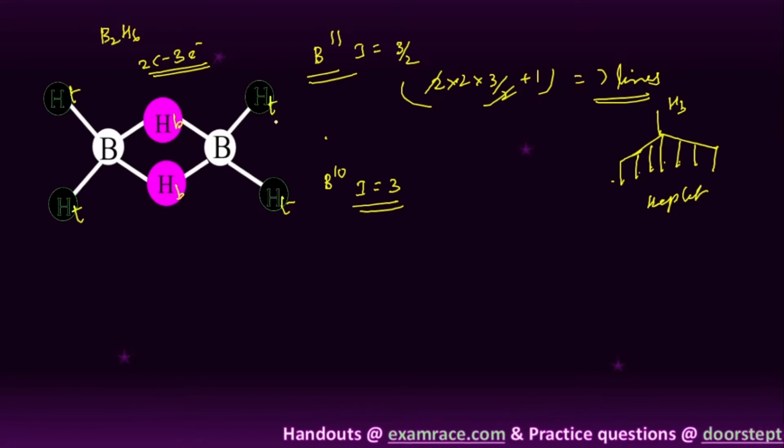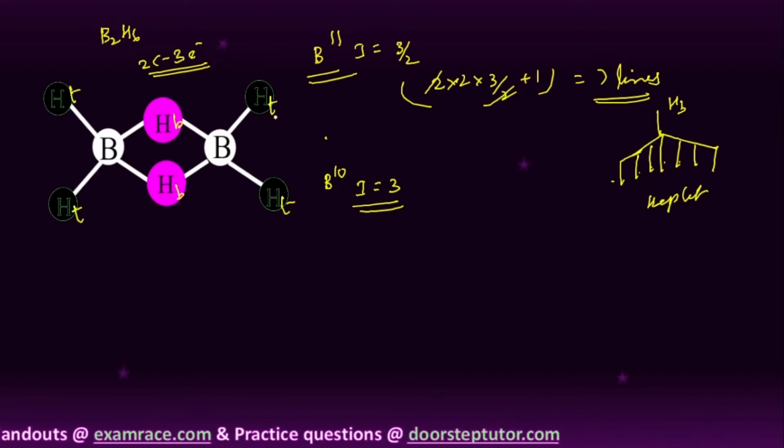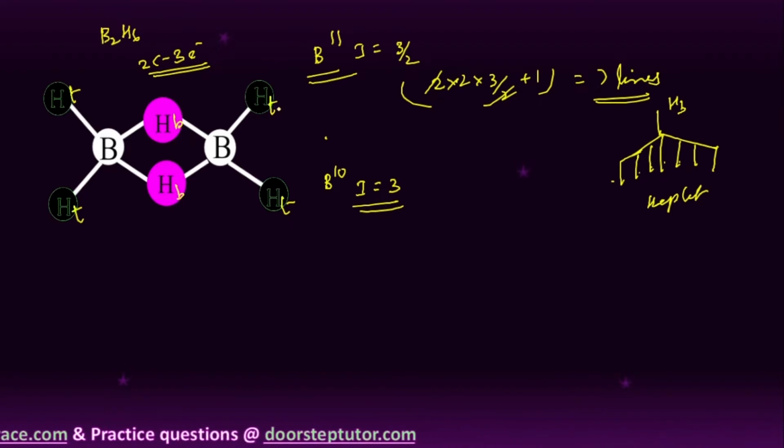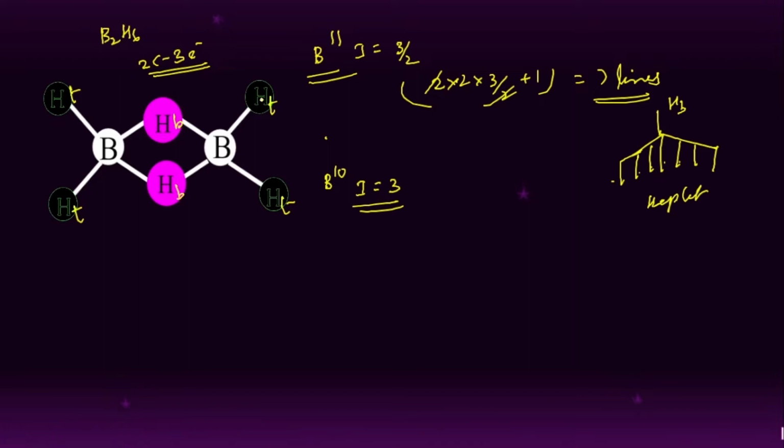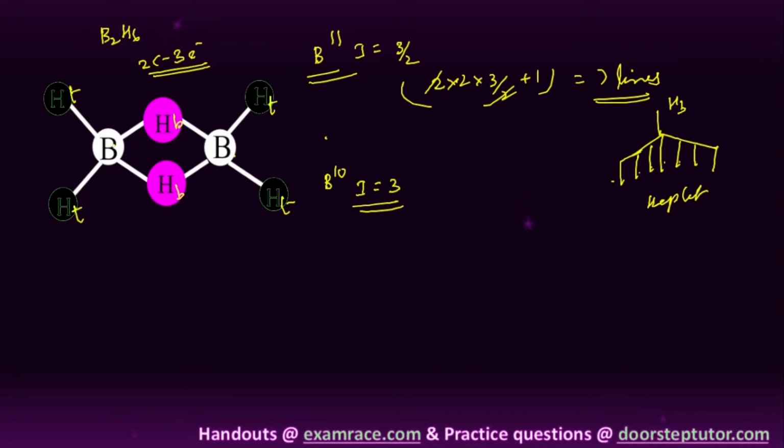Now the second one, the terminal protons. The terminal protons are coupled with only one boron atom, because these two terminal hydrogens are attached to this boron atom only, and not to the other boron atom.